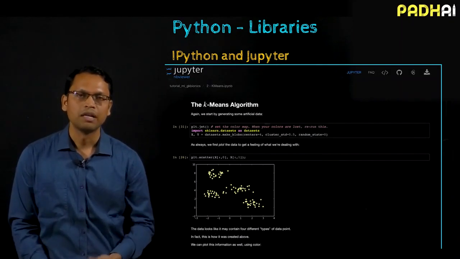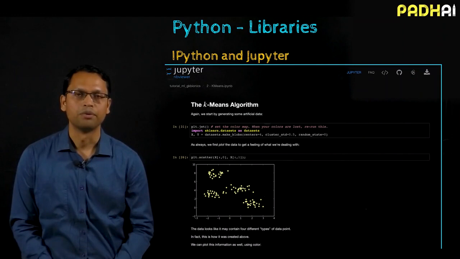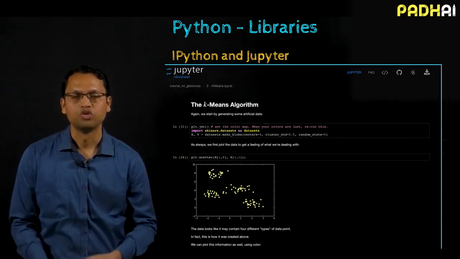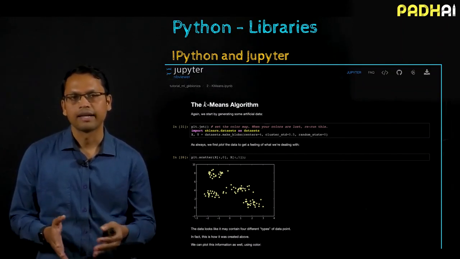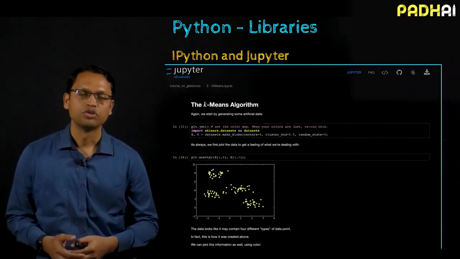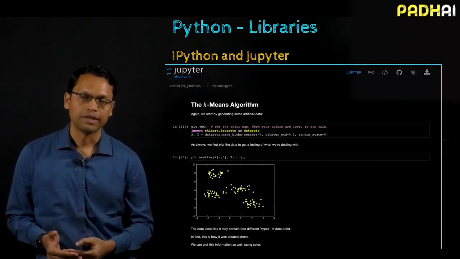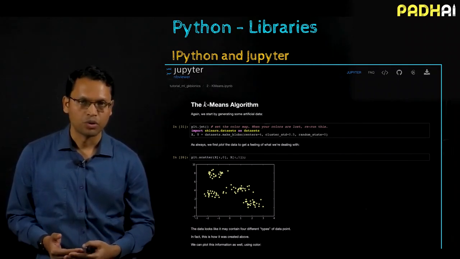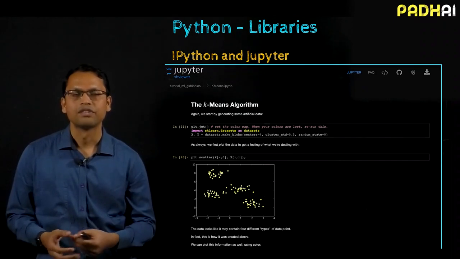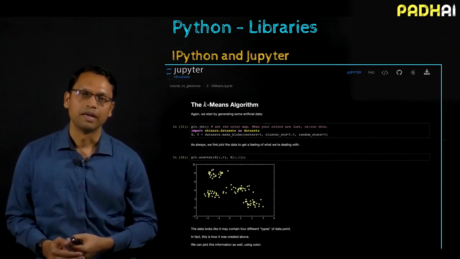The next similar idea, but a much broader vision, is that of Jupyter Notebooks. This is a screenshot of a browser page where Jupyter Notebook is running that is connecting to a Python kernel. So Jupyter provides a web-based interface for different programming languages to connect to and provide interactive programming as a front end.